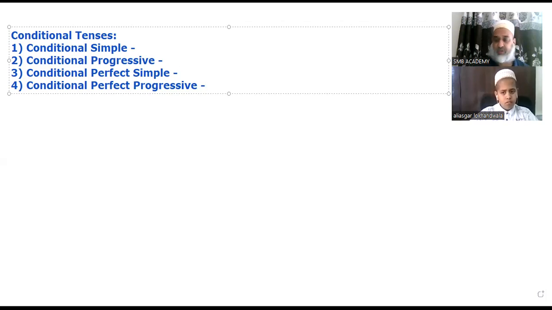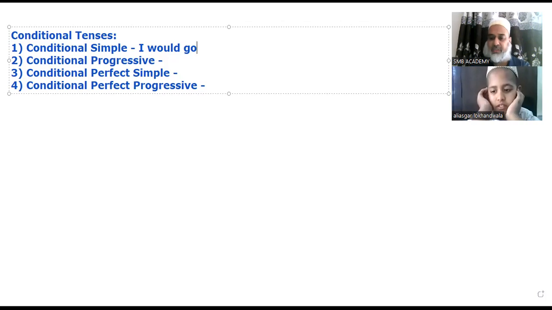Now, if you don't remember, I will just write one sentence. Here it will come: I would go. This is one sentence of the conditional simple. What is the meaning of that? Instead of writing I will go, we are writing I would go.